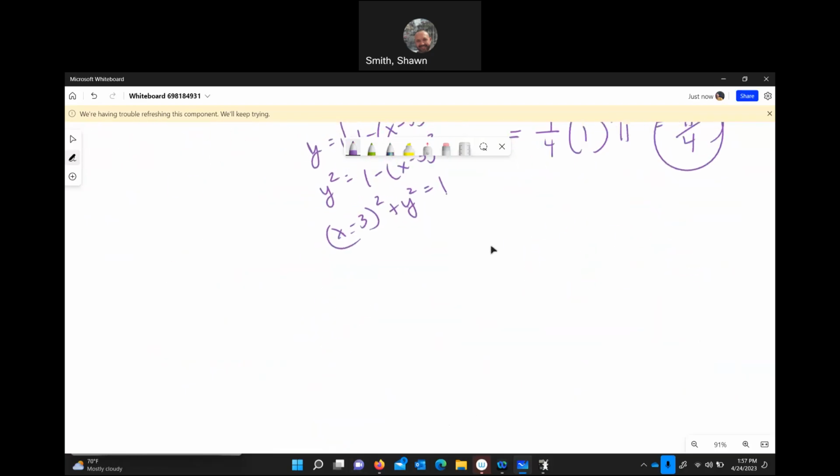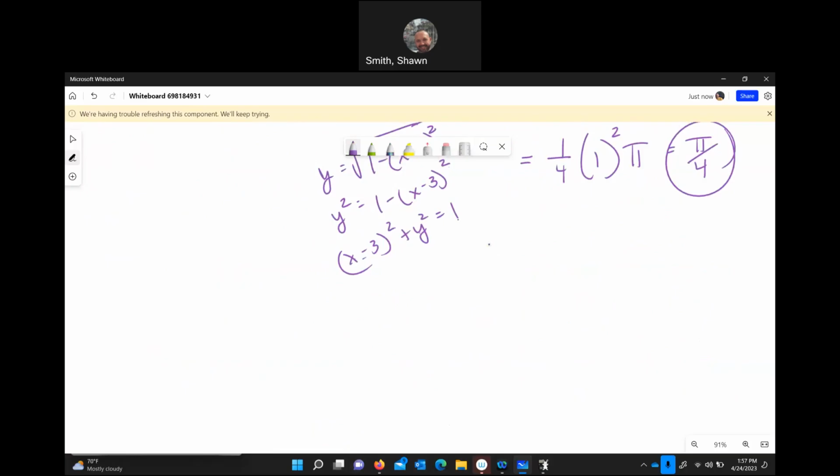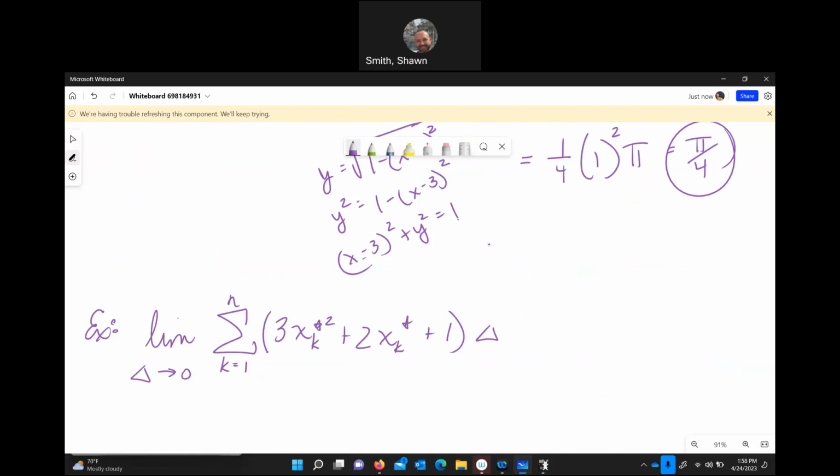All right, let's look at this in terms of a Riemann sum. If I take the limit as change in x goes to 0 of my summation, k goes from 1 to n, of, let's say, 3 times x sub k star squared plus 2 times x sub k star plus 1, times a change in x sub k.